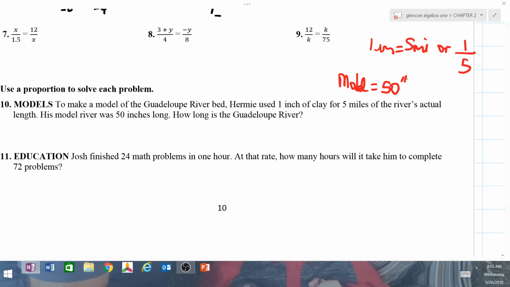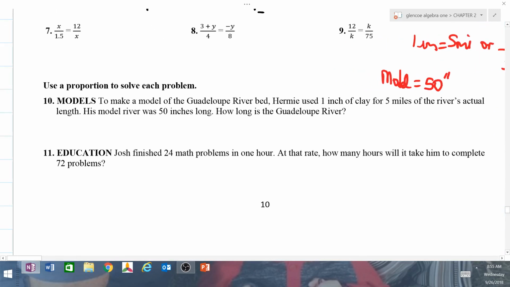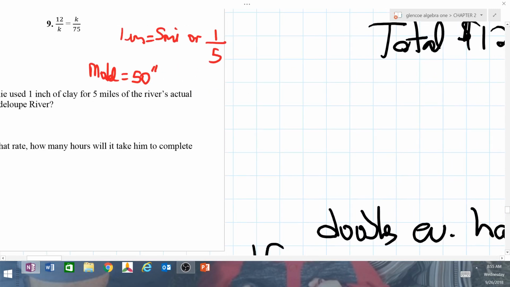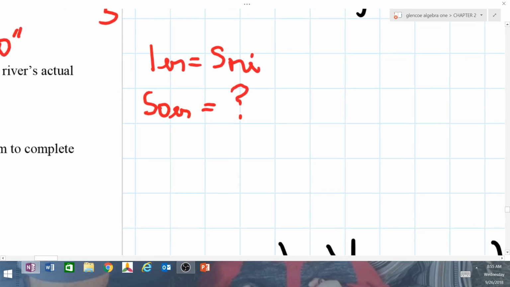So let's just remember, the key here when solving a word problem is to be consistent. If 1 inch equals 5 miles and his model was 50 inches, how long was the river? So what we do here is we make sure we're consistent. We can put inches over miles equals inches over miles.